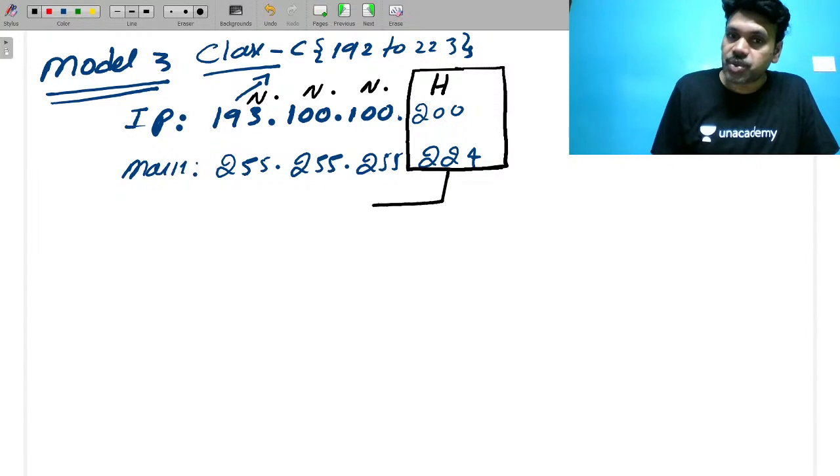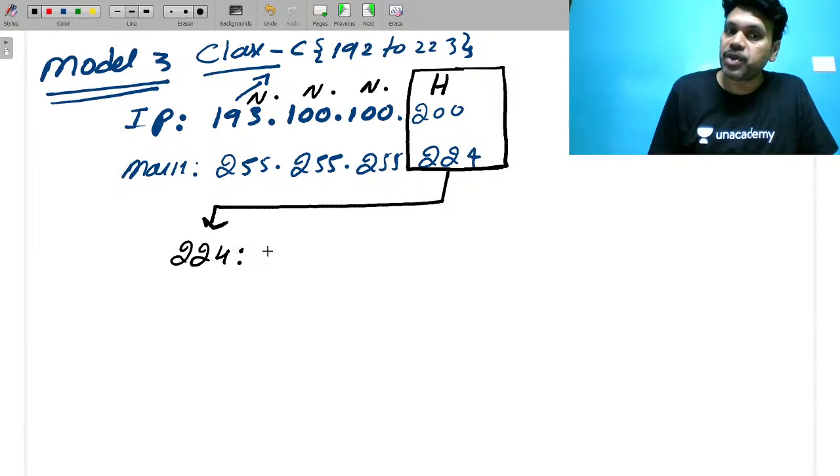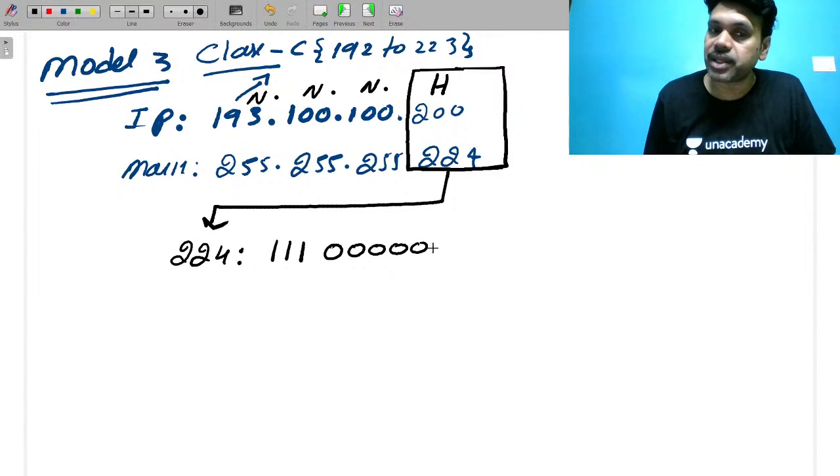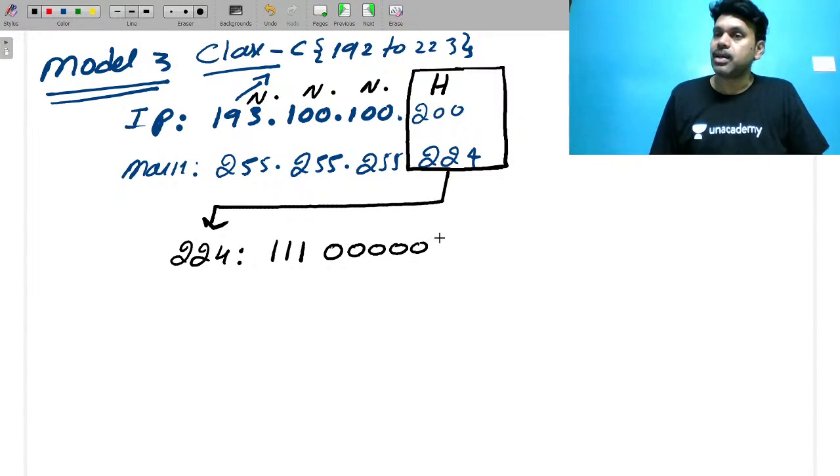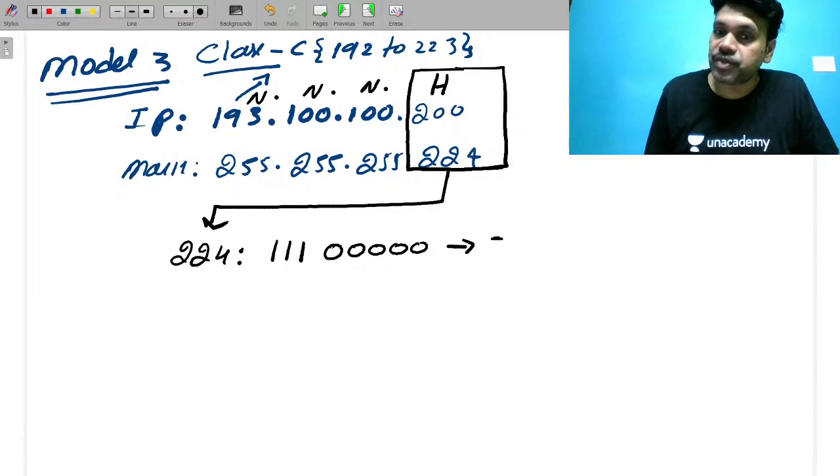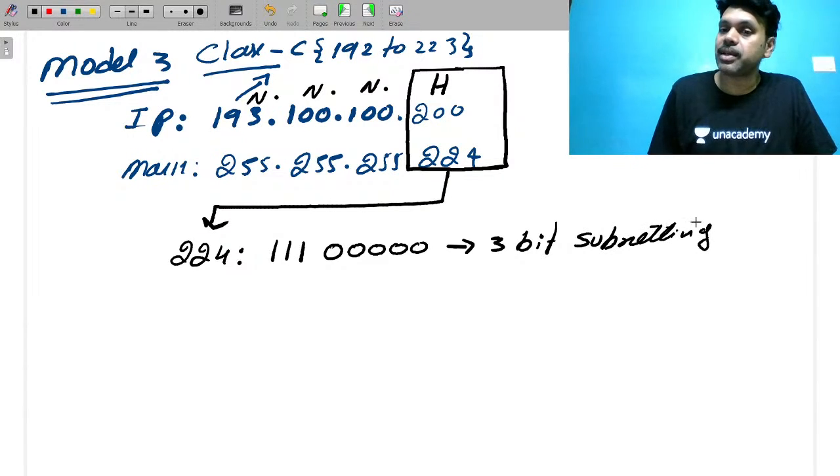So write this 224 in binary. 224 in binary is 111 and the rest is zeros. So total 8 bits are there, right? That means I have performed 3-bit subnetting.